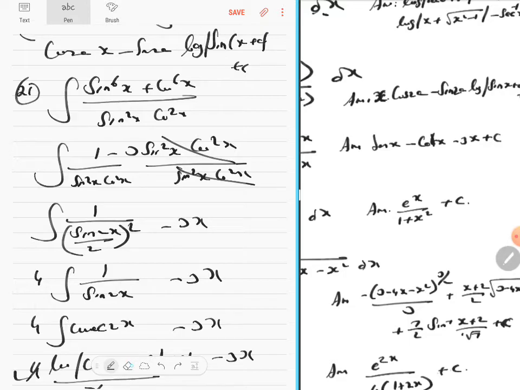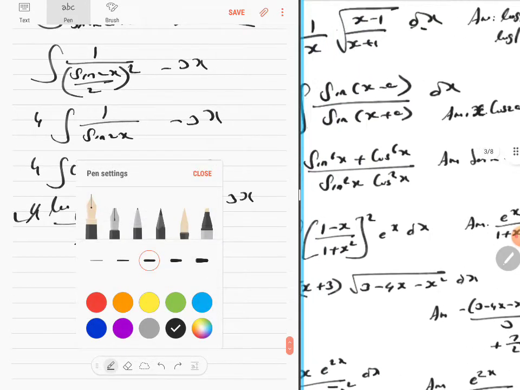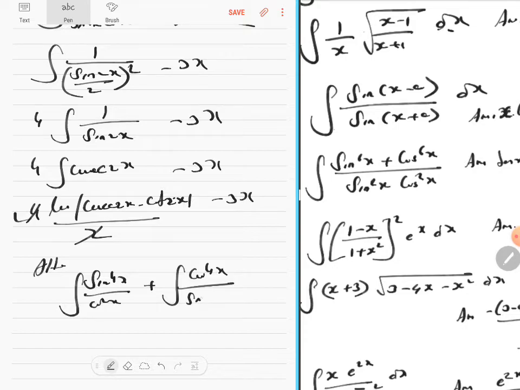Okay, let me try an alternate and see if I'm able to get the answer. Let me simply split it up. So if I just split it up, what happens? It will become sine to the power 4x by cos square x, plus cos to the power 4x by sine square x dx.